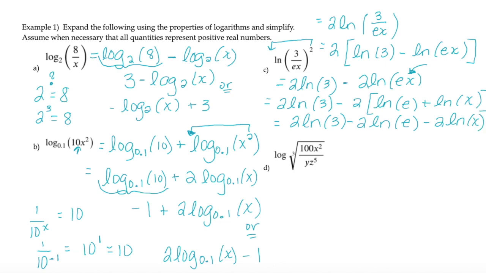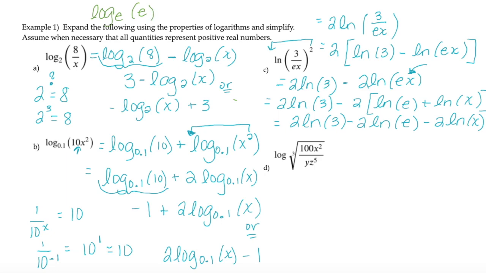I will be able to simplify the natural log of e, and here's why. We're going to do a little side work. Recall from last lesson that the natural log is the same thing as saying log base e. And right now this is log base e of e.